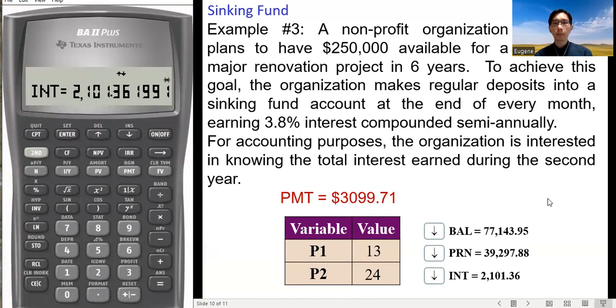For sinking fund problems, we are interested in the total interest, not the principal repaid. The principal repaid corresponds to the loan. So the total interest earned during the second year is $2,101.36.